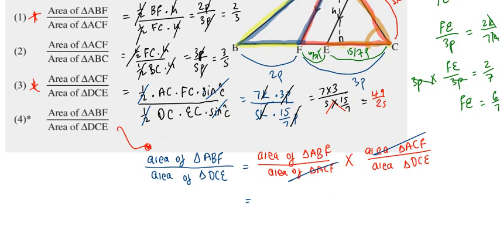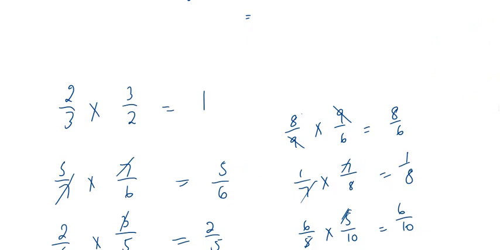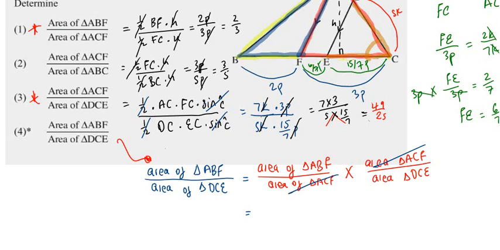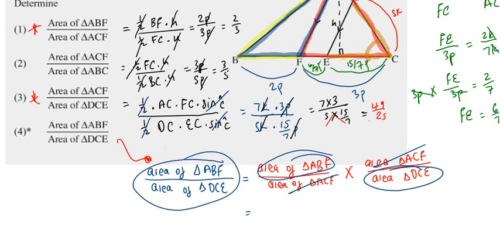Exactly the same thing we had when we said if I have 8 over 9 and 9 over 6, if I cancel these two, my answer will just be this over that, right? So similarly here, if I cancel this one and that, my answer is simply going to be this over that, which is exactly the same as that.